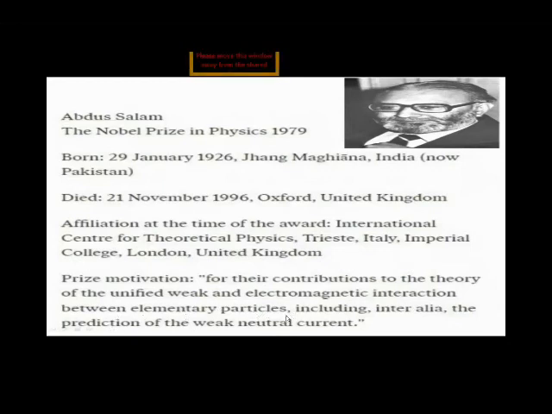At that time, no one could understand what the weak and electromagnetic interaction was. So he explained it through experiment, including, among other things, the prediction of the weak neutral current. On this basis, they got the Nobel Prize. I hope you will understand.